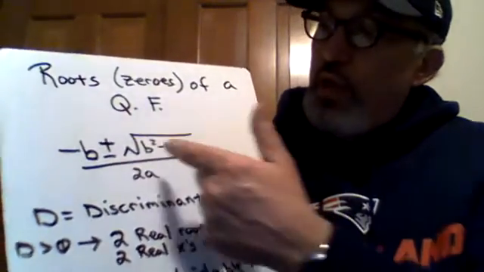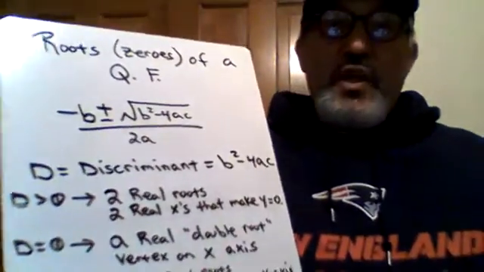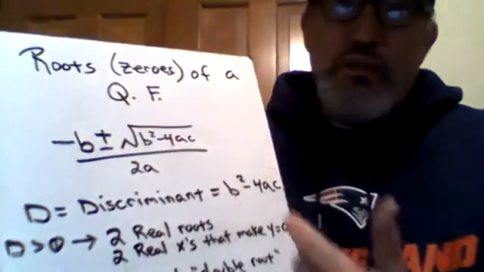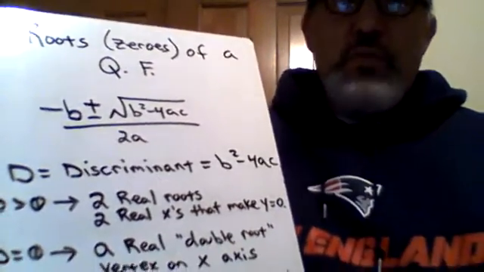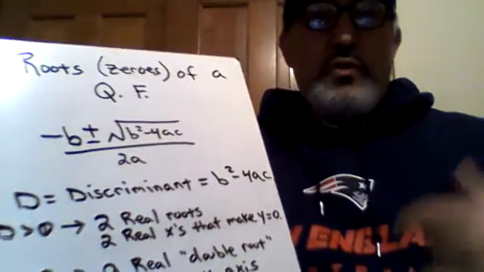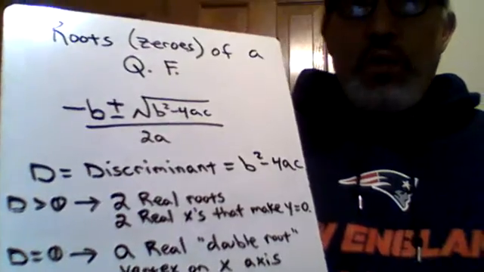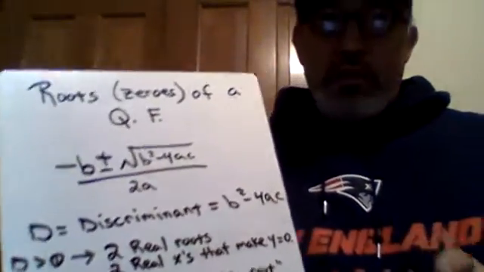If it's a perfect square, let's say b squared minus 4ac is 16, then the square root of 16 is 4, and we'd have plus or minus 4. But the discriminant could be 20, in which case the square root of 20 is not a whole number. It's irrational, but it's real because the 20 is positive.